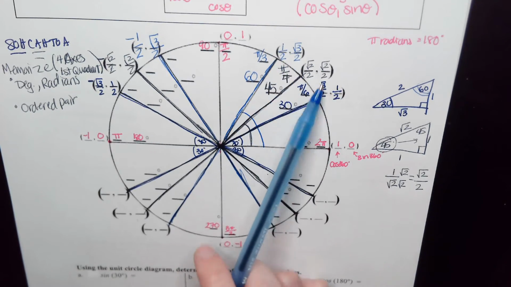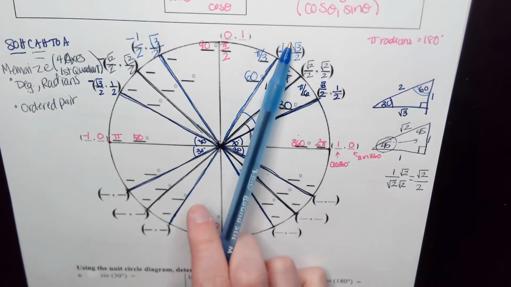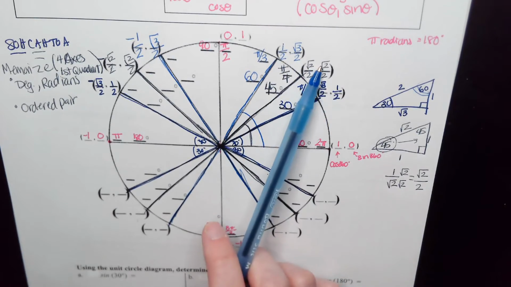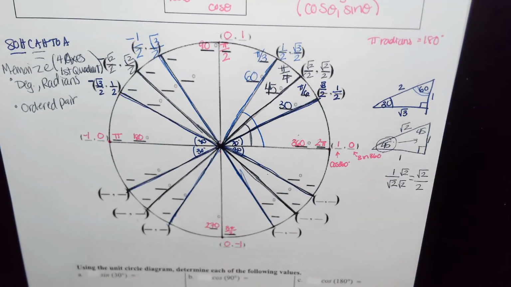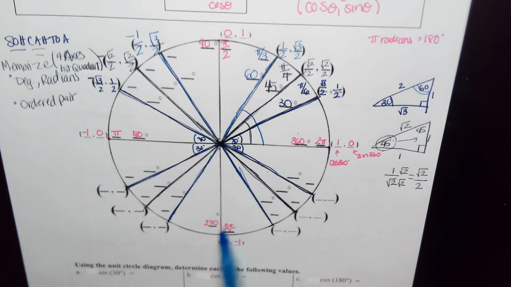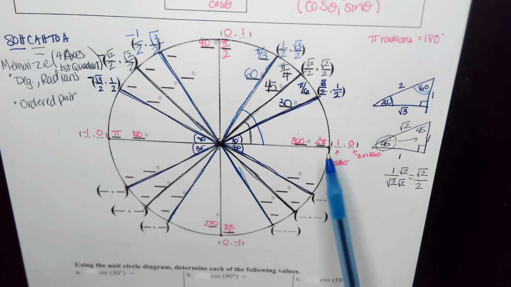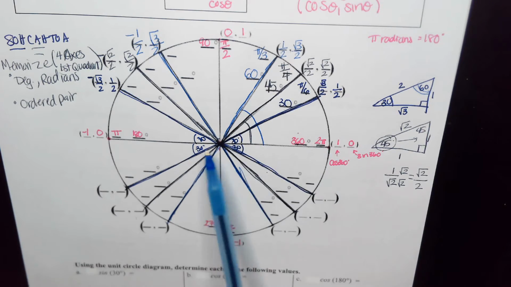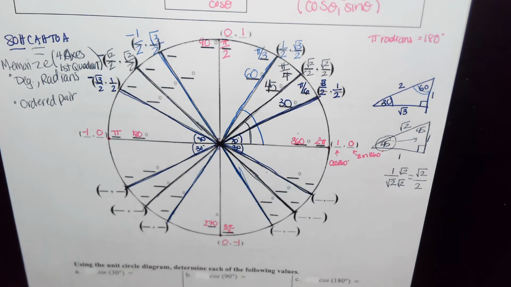So if you can remember 3, 2, 1, 1, 2, 3, and they all have a 2 on the bottom, that can help you to memorize them. And then these are usually a little easier for students to figure out in memorizing those. Remember that pi is 180, and sometimes that will help you to figure out the rest if you can do that in your head. And then also these ordered pairs, remember the radius is 1.